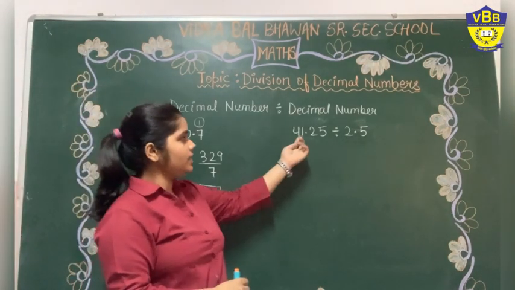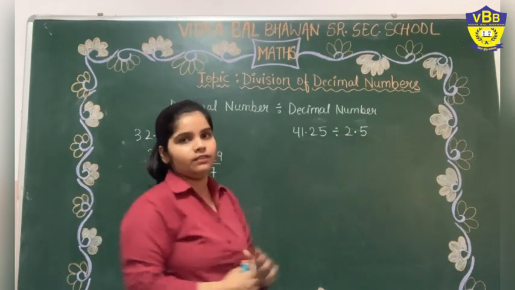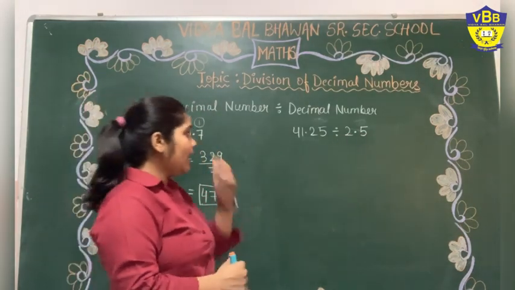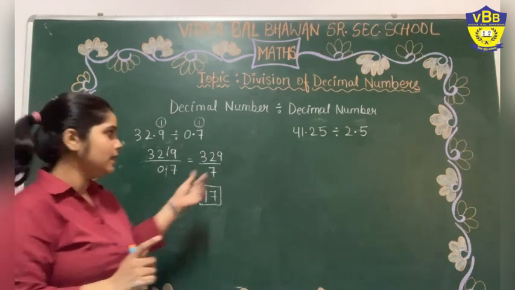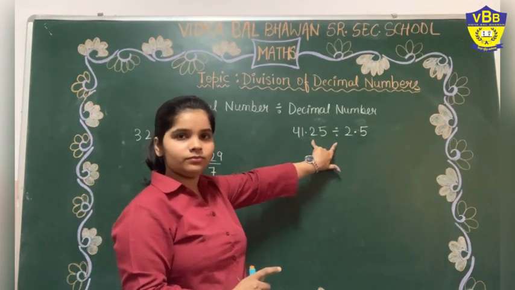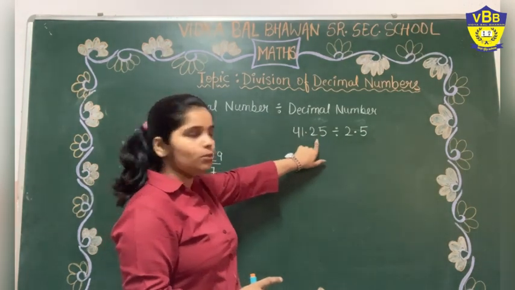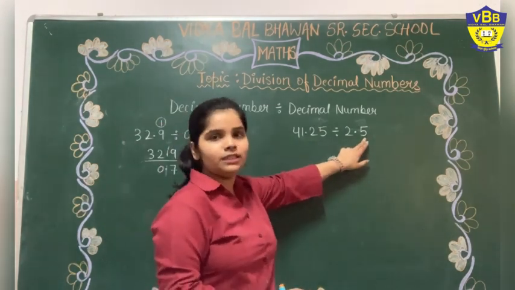After this, next we have 41.25 divided by 2.5. As we have seen, we can only divide like decimals. Can you tell if these two are like decimals? No. There are two decimal places in the first number and one decimal place in 2.5.